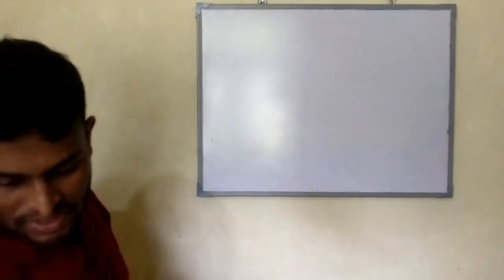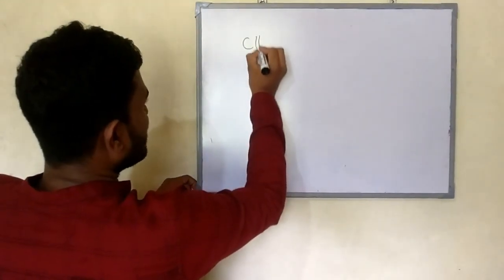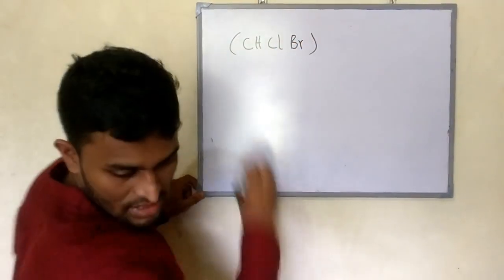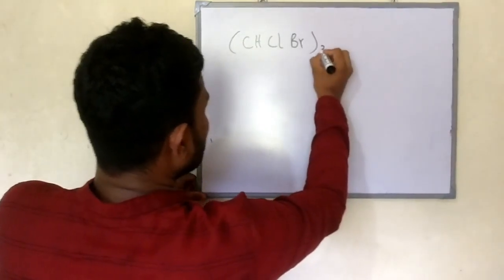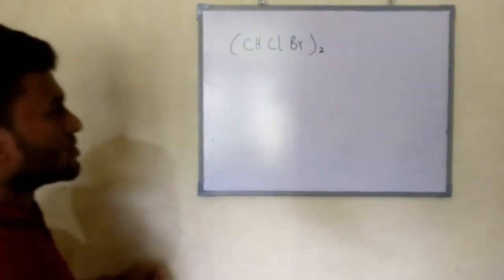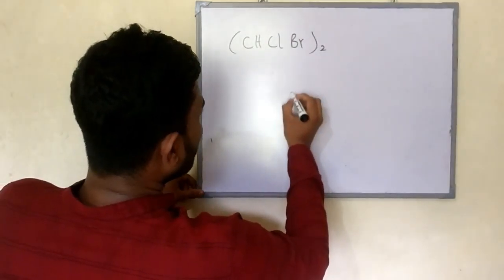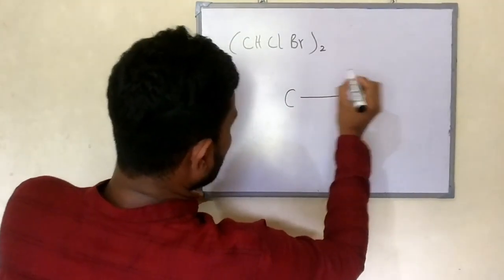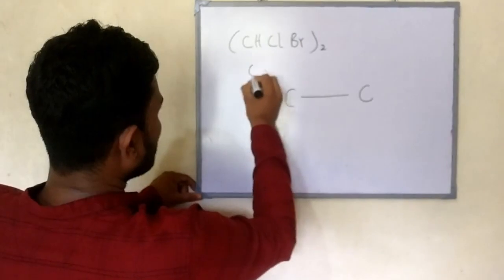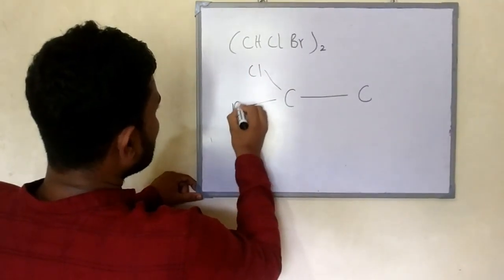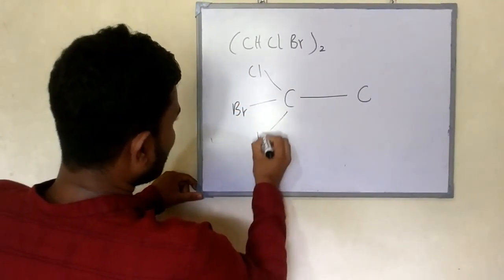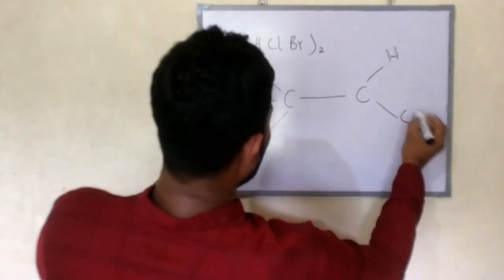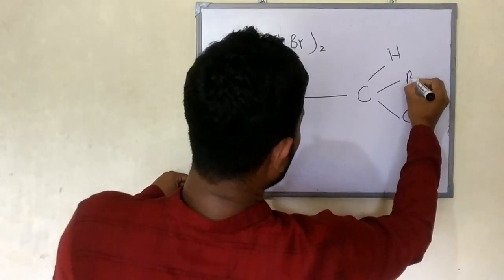That is CHClBrI. So the molecule will be like this. Cl, Br, H. Here also, H, Cl, then Br.